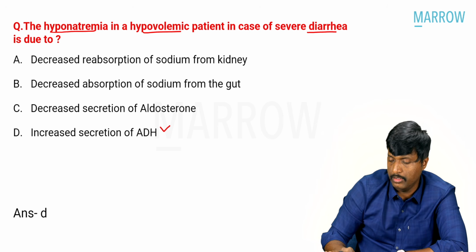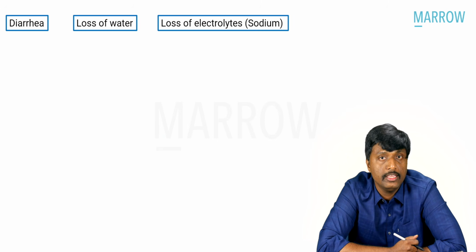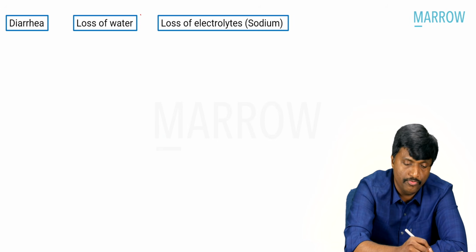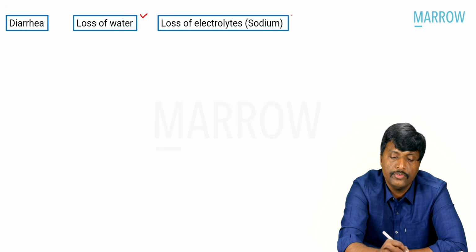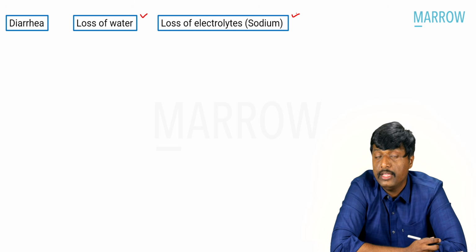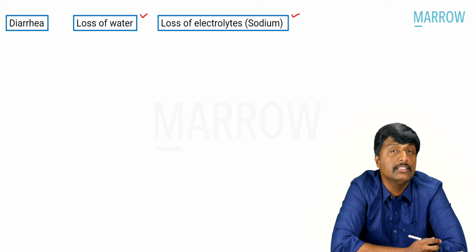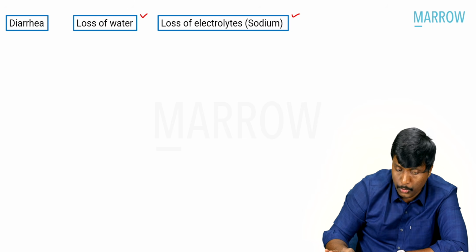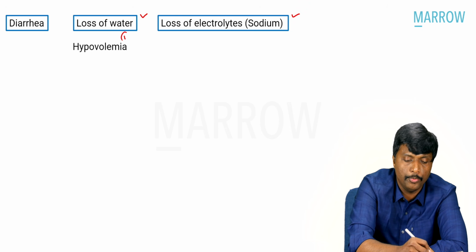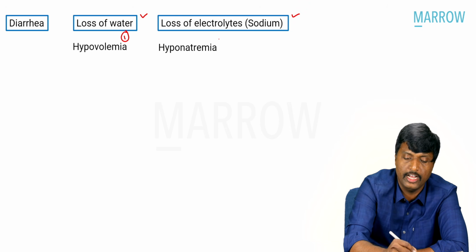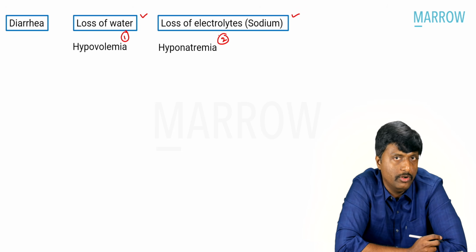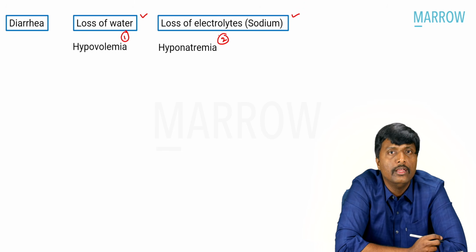Now, what is diarrhea? What is actually happening here? There is loss of fluid, loss of electrolytes. In the question they have given severe diarrhea, which means they are more prone to 2 important things. First is hypovolemia, second is hyponatremia: loss of water, loss of sodium.